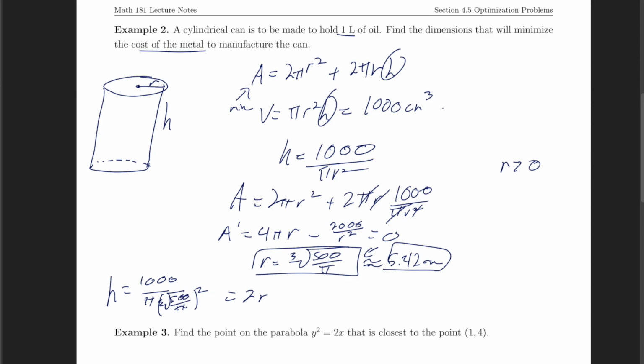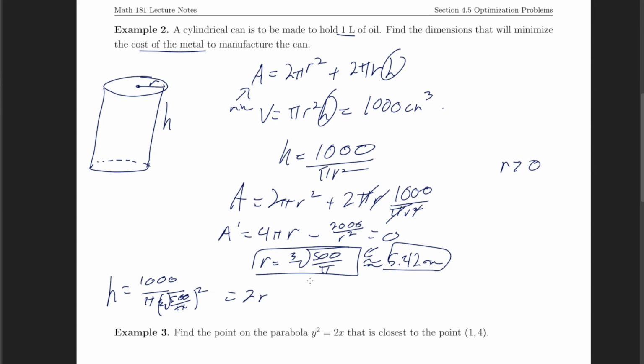So once again, what do we do here? We read the equation, we established some notation, and figured out what we want to minimize. Usually you'll have two equations, so you put one in terms of the other, and then you get this equation and find your critical point. Here, you test the endpoints, but the endpoints don't make any sense.